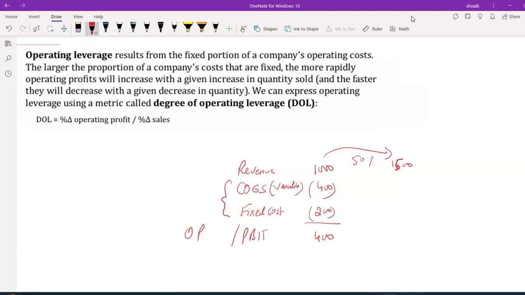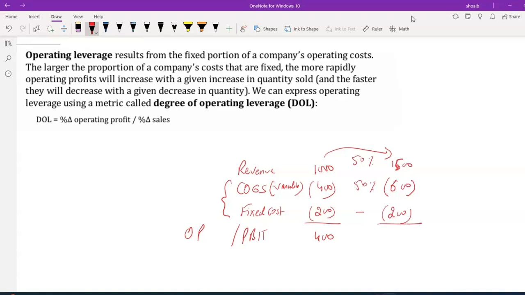Revenue 1,000 is now 1,500. Now every variable cost which is linked with the sale will also increase with the same growth. So cost of goods sold will increase by 50%. It will be 600. So fixed cost will remain fixed. I'm ignoring the inflation. Fixed cost will remain fixed. This is 200.